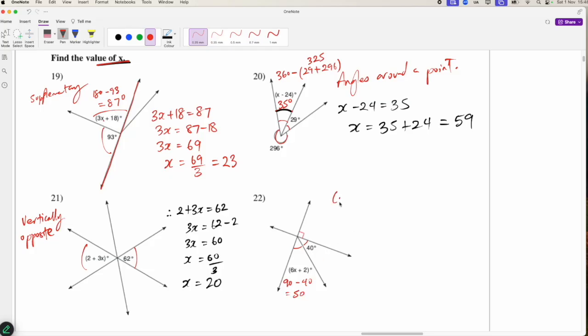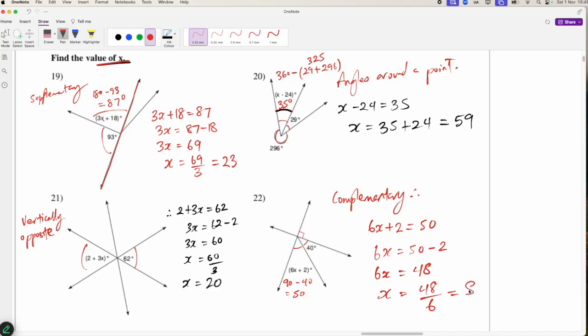So this is complementary. Therefore, 6x plus 2 is going to be equal to 50. 6x is 50 minus 2. 6x is 48. X is 48 divided by 6, which is 8.